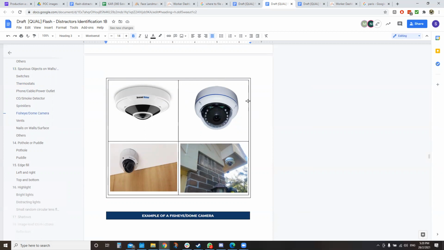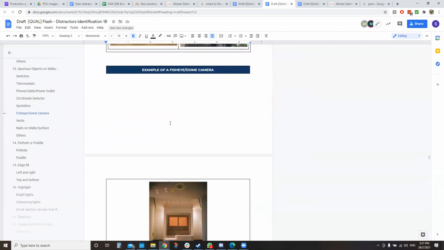Usually they are found indoors, but sometimes they'll be found outdoors also. If you see the fisheye shape, label it as fisheye camera. If it's the other kind of camera, it's probably going to be labeled under CCTV.